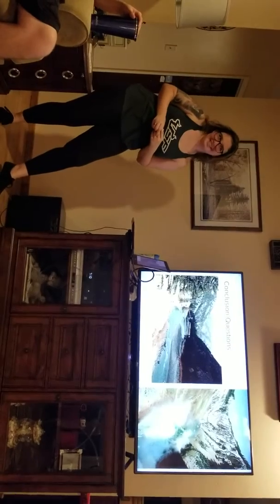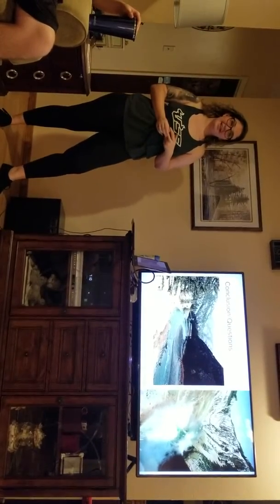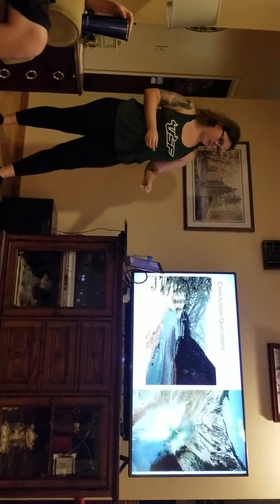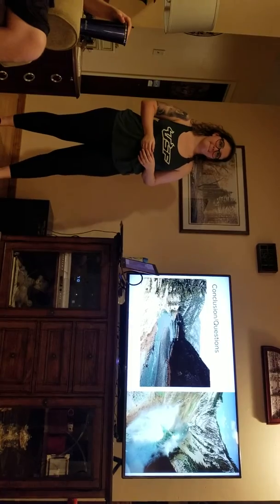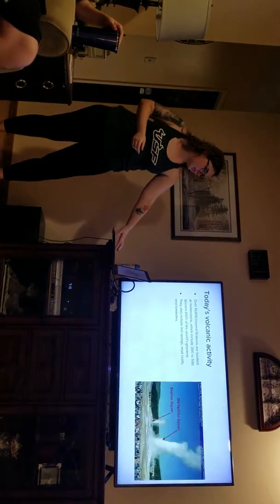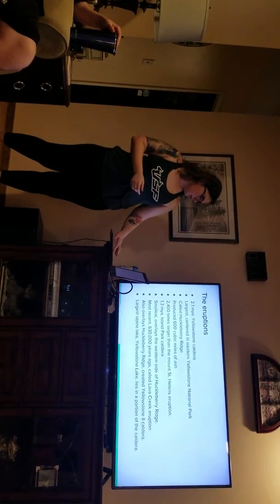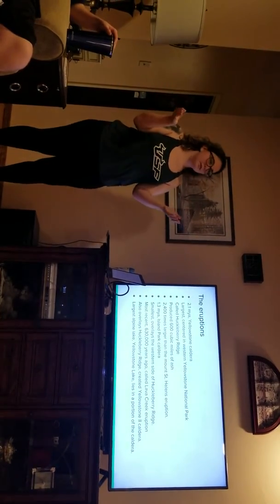Any questions? I got a question. You said the mountains were created by a fault. You said it was two plates colliding, so it'd have to be on a fault, but it's nowhere near a fault line. So did it move over? Well, I'm not sure, but mountains are created from the earth pushing and pulling, right?